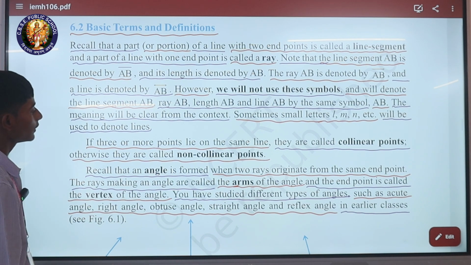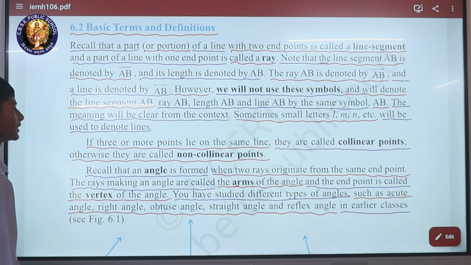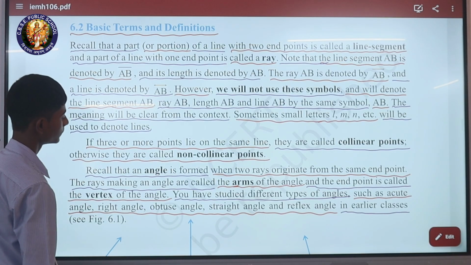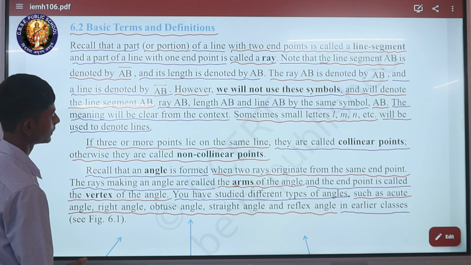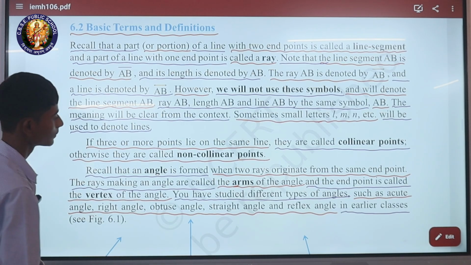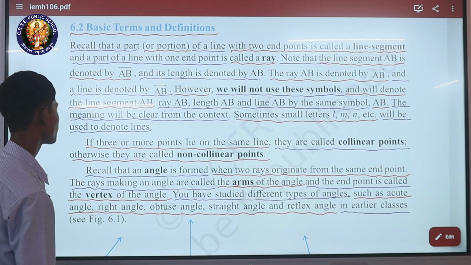You have studied different types of angles, such as an acute angle, right angle, obtuse angle, straight angle and reflex angle, in earlier classes.